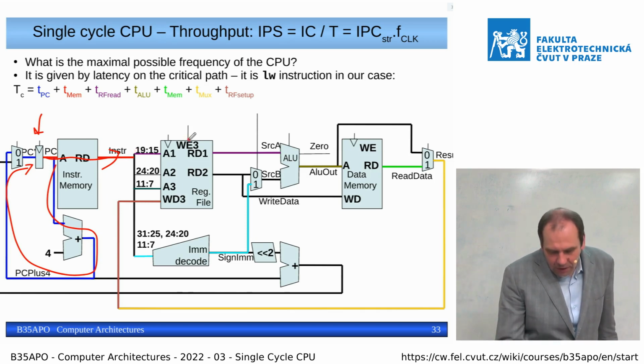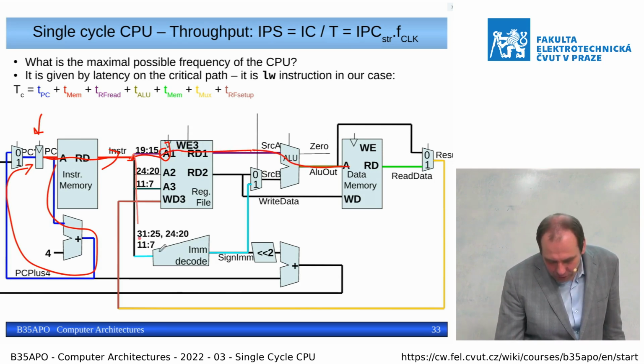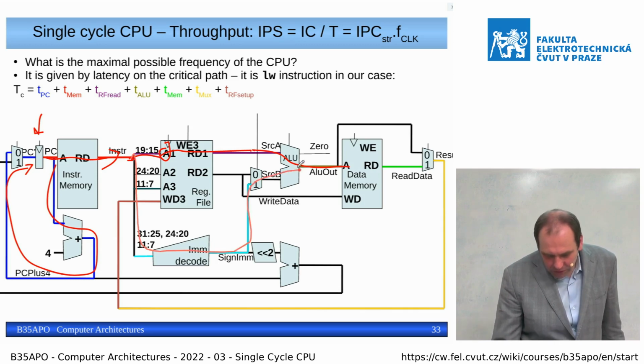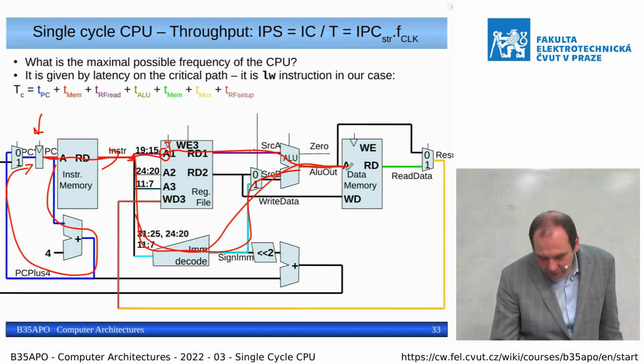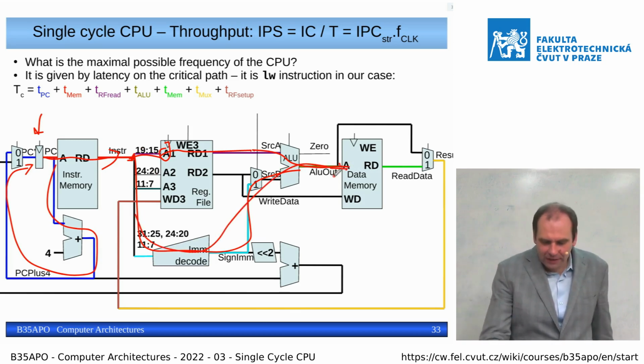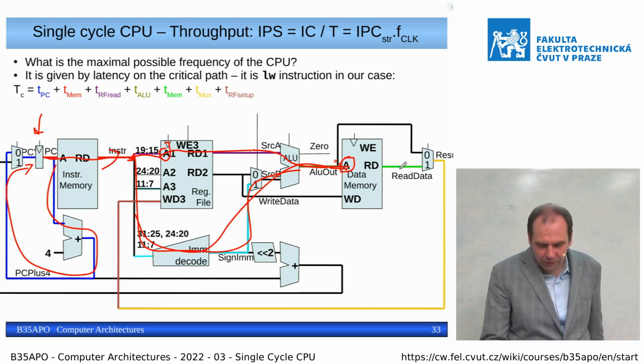Now, we take the instruction, decode it as the value of the address to select a base register for our arithmetic logic operation, and we need to decode the immediate operand. So we need to take the longer of those two paths, because it would be the time when the address settles on the address input of the memory.